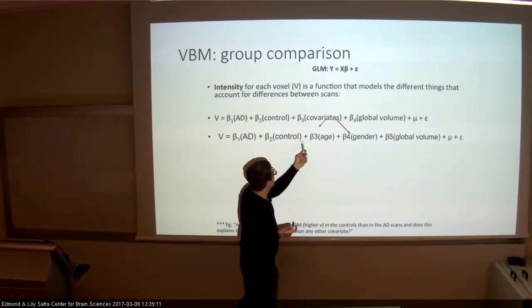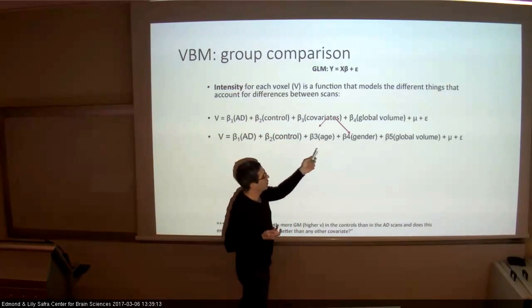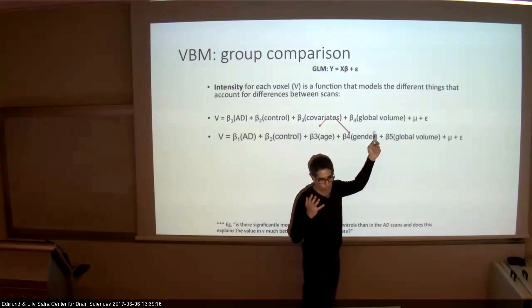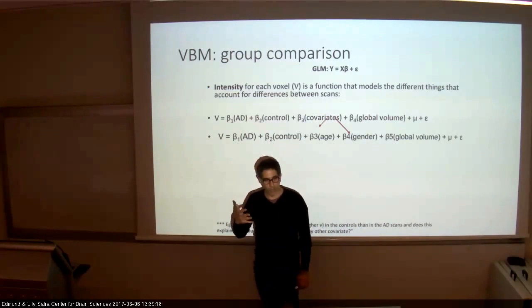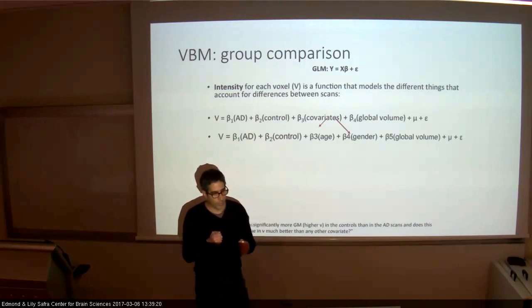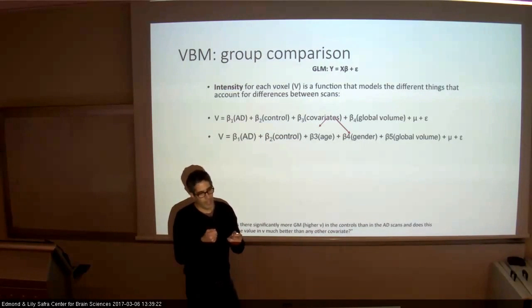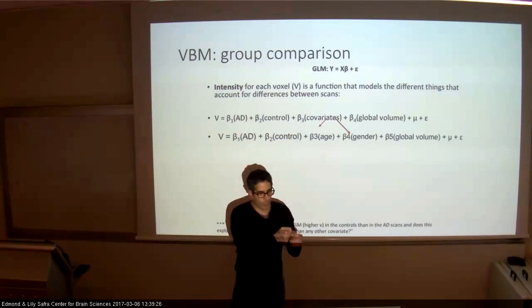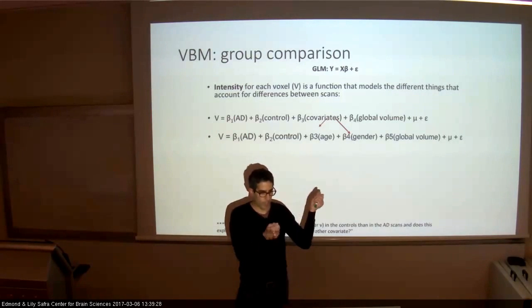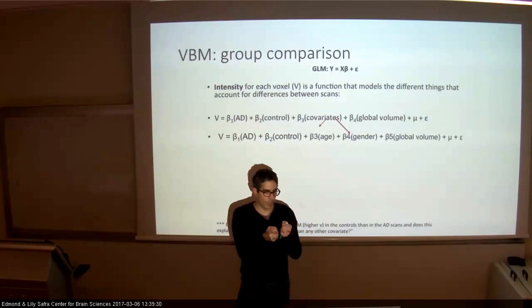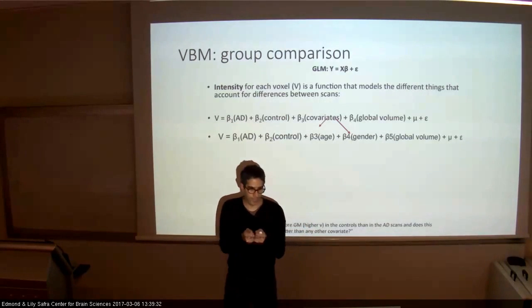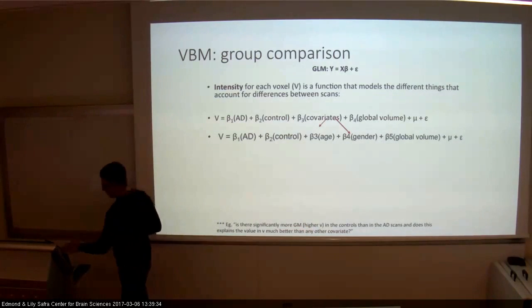And maybe I have other things that I need to take into account, age and gender, and I don't know, the size of the whole brain. So I'm taking into account all of those things and trying to see if the intensity of this voxel is really different between this group versus the other group and can be explained by these betas, then I can say these groups are different in this position. So it is rather simple.